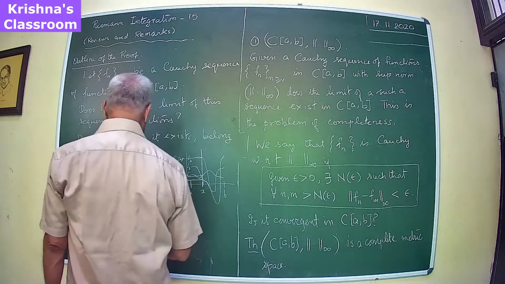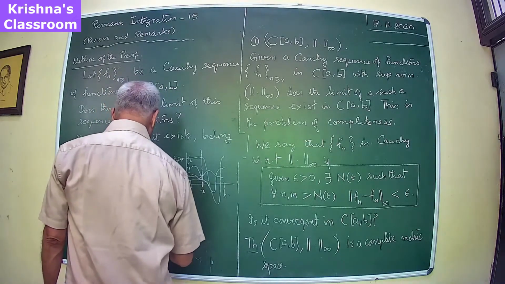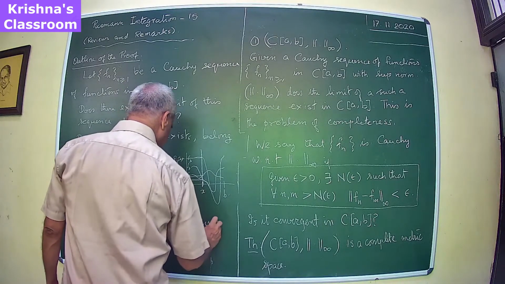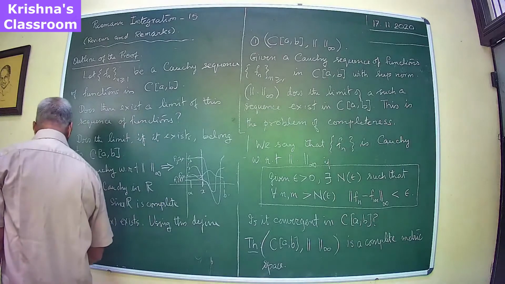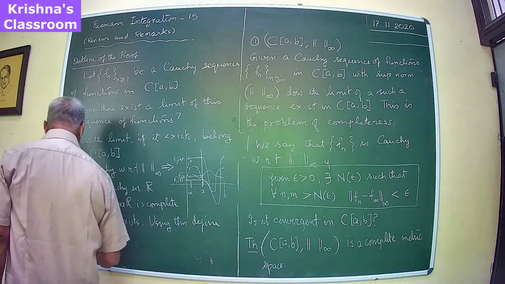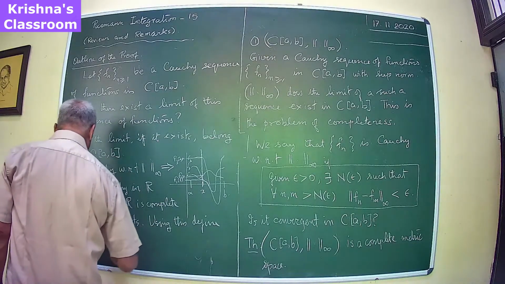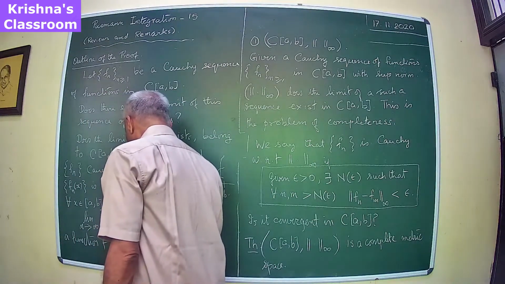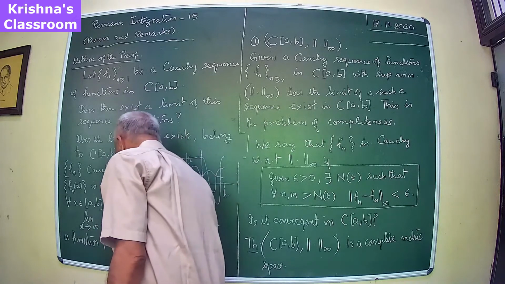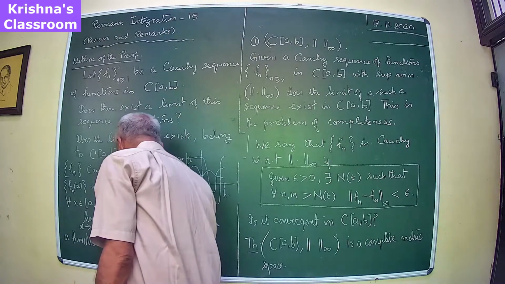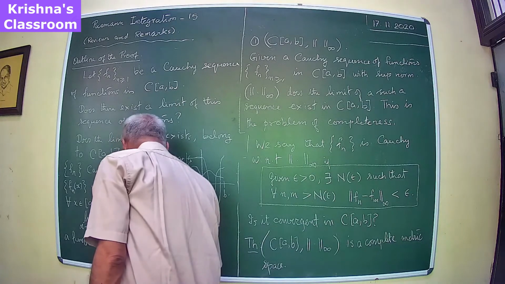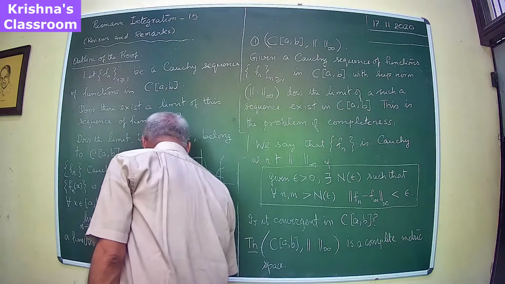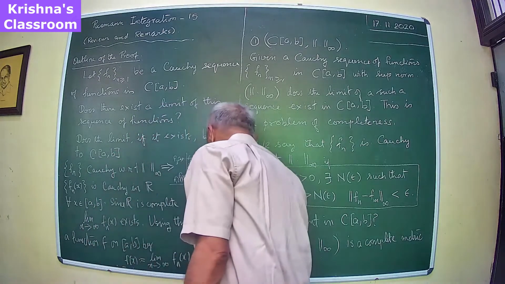And using this, define a function f on [a,b] by f(x) defined as the limit of Fn(x), where x belongs to [a,b].